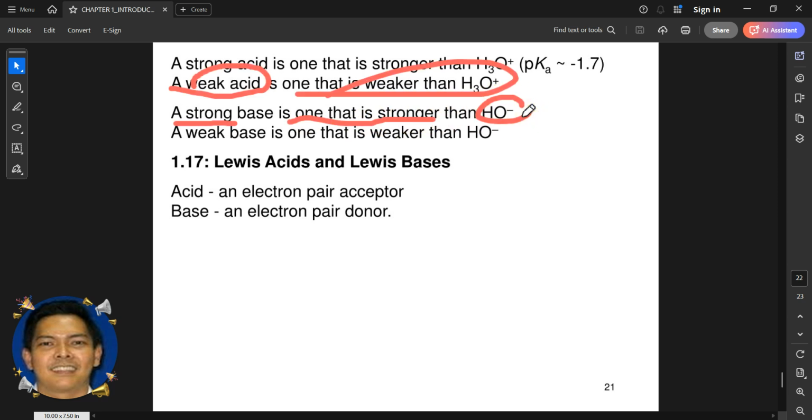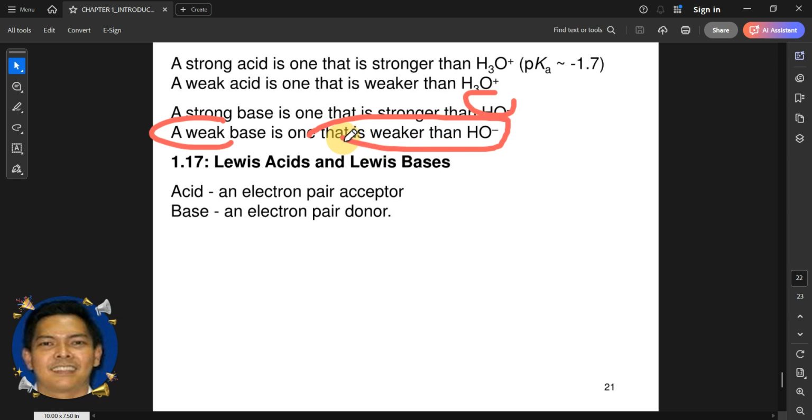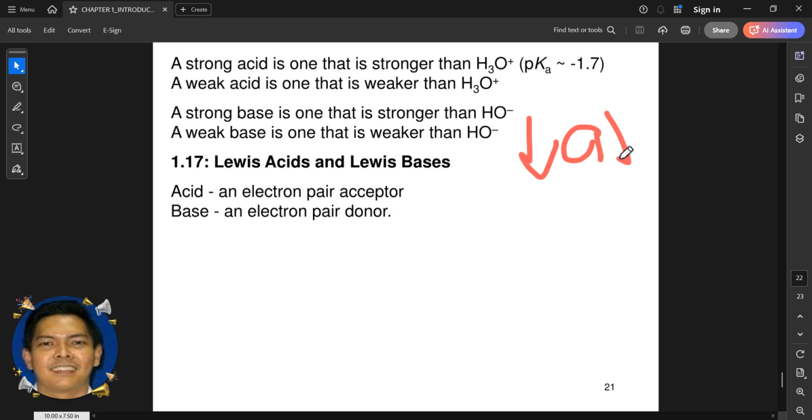So you must remember that a strong base is stronger than OH-, whereas a weak base is weaker than OH-.